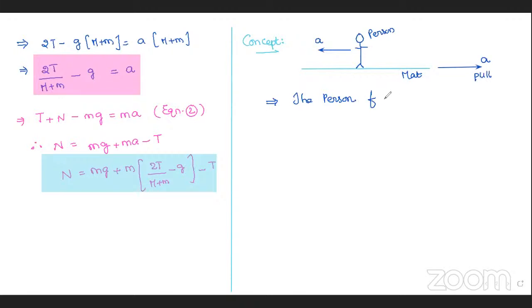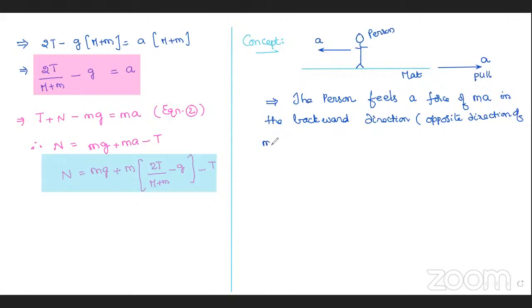That implies the person feels, this is just a feeling, a force of mass of the person m times the acceleration A in the backward direction, that is, the opposite direction of the motion of the mat. In whatever direction the mat moves, he falls back in the opposite direction.